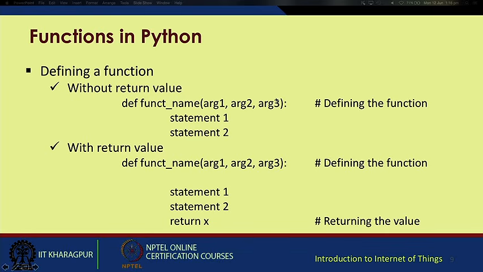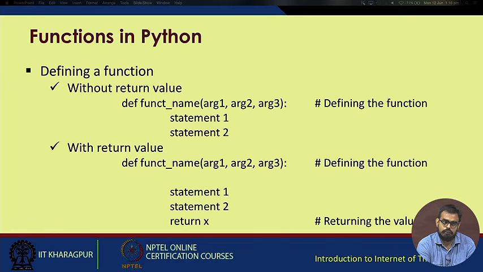Now, defining various functions in Python. For ease of your implementation and understanding, whenever you are writing a very complicated function or a very large program, it is always advisable to modularize your code.